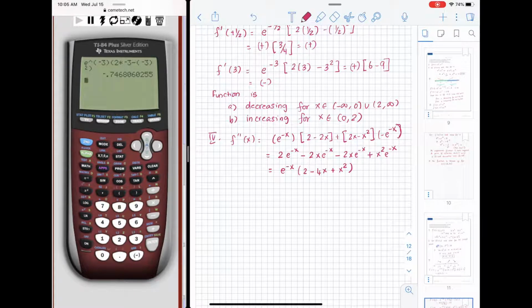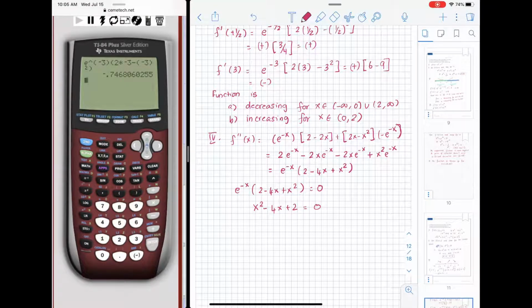And we have to set that equal to 0, and we solve for x. So we have e raised minus x, 2 minus 4x plus x squared equals 0. Clearly the exponential cannot be equal to 0, which would imply x squared minus 4x plus 2 equals 0.